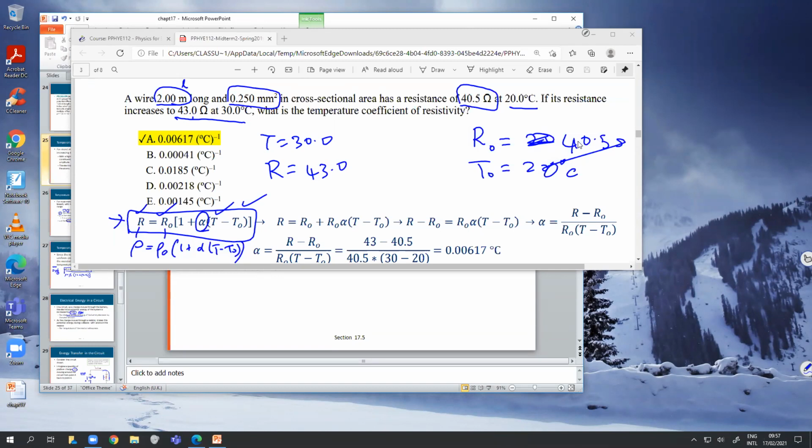All this information, 2 meters long, cross-sectional area, is not needed to do this question. So that really checks you. You can't blindly pick the numbers and put them into some equation. So then you find the value. And again, you should know how to use your calculator without making any mistakes.